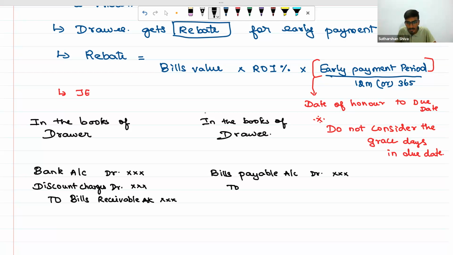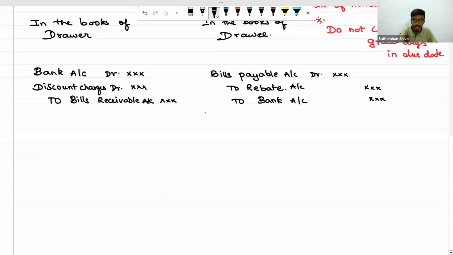So that gain, we will name it by the word rebate, to rebate account. Then he is making a payment, his bank balance will come down, to bank account. So this is known as retirement of the bill.